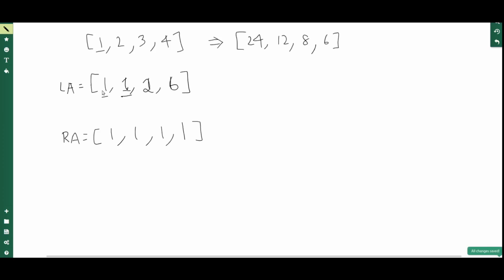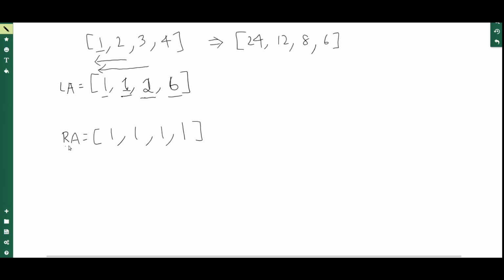So to make this really clear, what this array contains is the cumulative product so far. So at this position here, we are looking at the product of the elements before this position, so going from 2 to 1. Similarly, at this position here, we are looking at the product going from 3 all the way to the first element.